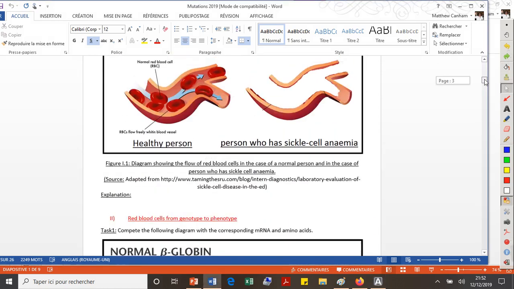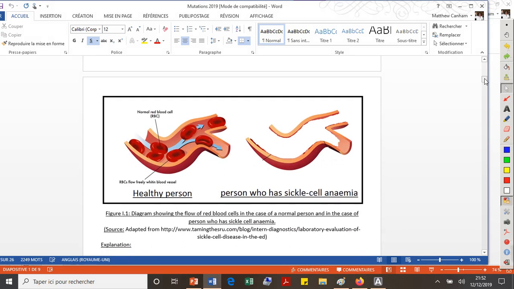So the question is, can this have an impact on the organism? Well, the answer is yes. When you have classic round red blood cells, they circulate quite normally through these tiny vessels which are called capillary vessels. However, if we have sickle cell shaped ones, they're going to tend to pile up and block the passage.